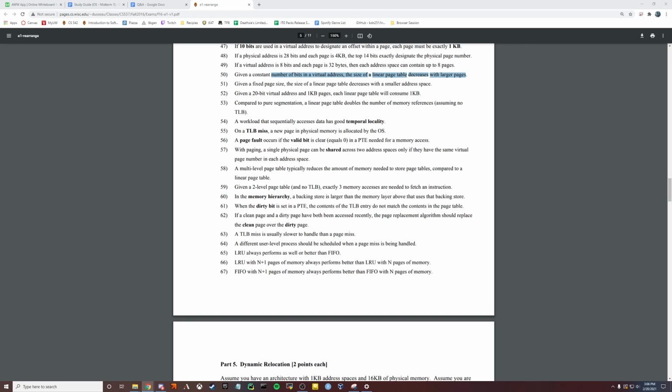That sounds really familiar. Give me a second. There's a table on address format that has page size. Okay, the size of a linear page table decreases with larger pages. I think this would be true.